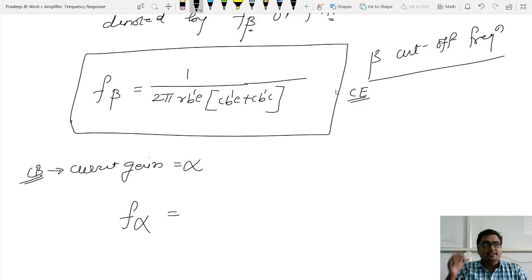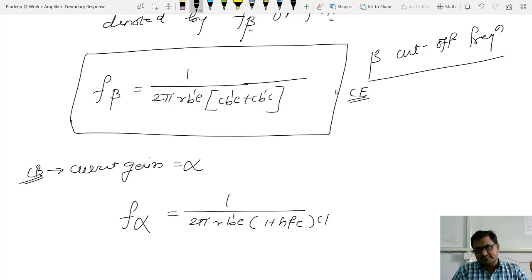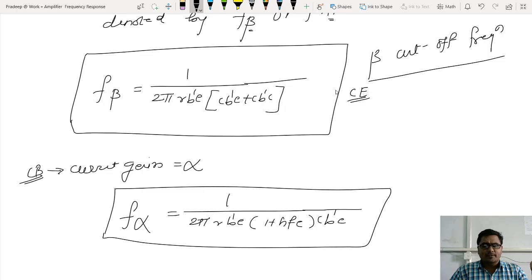If you follow the same analysis, you will find that the value of F alpha is 1 divided by 2 pi RB dash E multiplied by 1 plus HFE, times CB dash E, and this is the value of F alpha. It is called the alpha cutoff frequency.